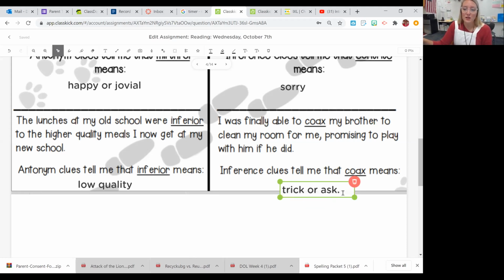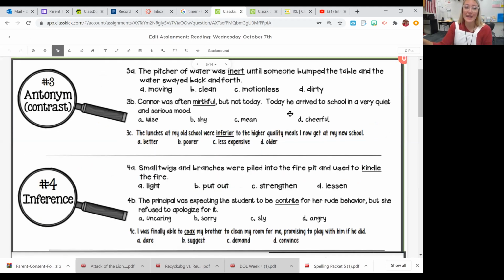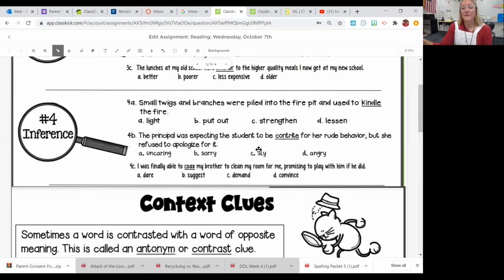Go ahead and write all of these down inside your class notes. And on this second page, you will go through and look at other words that might match up different antonyms, highlighting our antonyms in the sentences. For our inferences, you do not have to highlight anything because that is what's coming from your head.